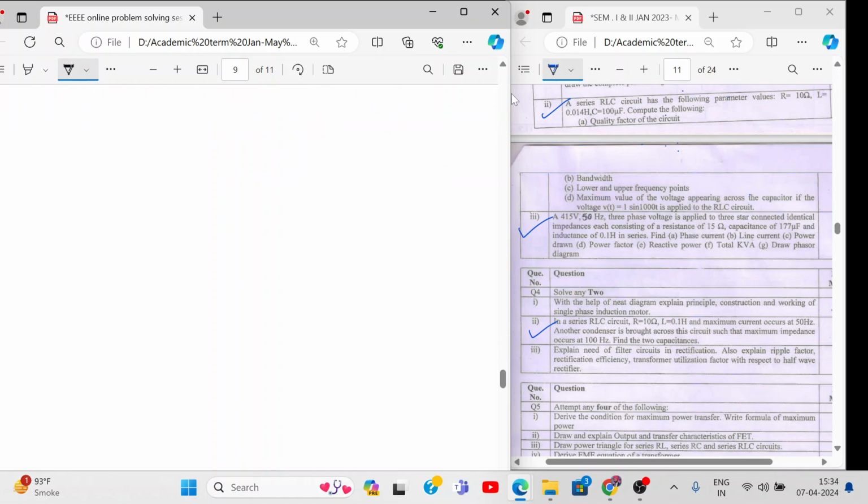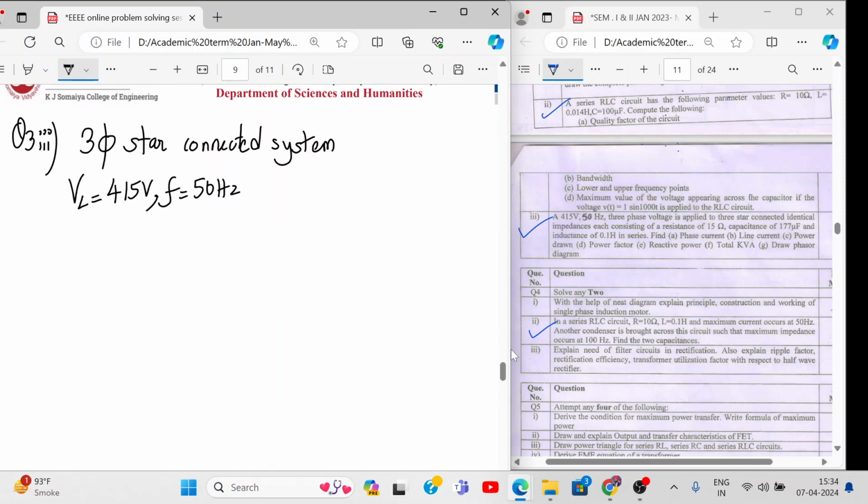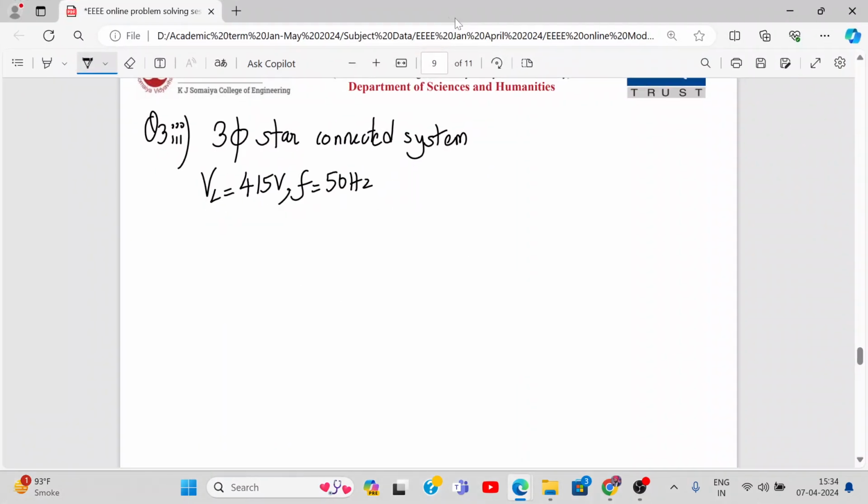Do you know how to draw a star connected system? Let me draw it and show it to you this way. So probably they have used this. Let me draw this way first, then you will understand what I am doing. This is star. Oh, sorry, this is delta. So star will be like this. Sorry for that.